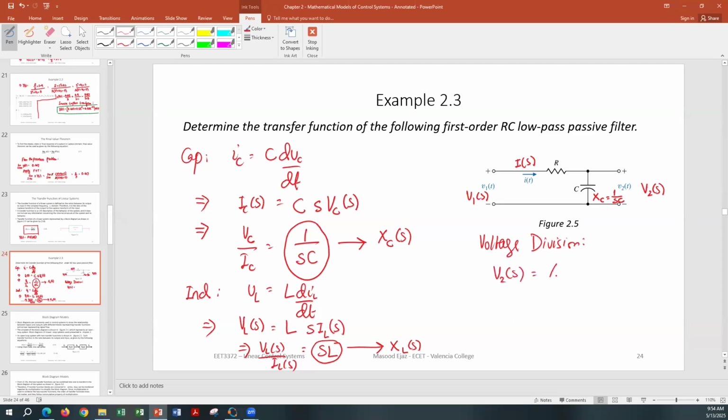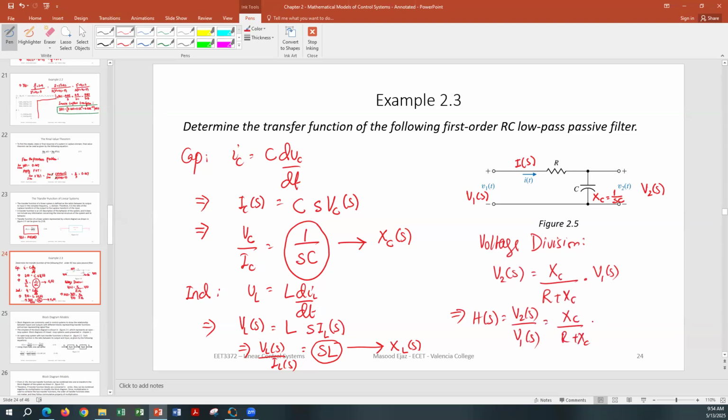V2S is equal to XC over R plus XC times V1. So the transfer function H of S is simply output over input, which will be XC over R plus XC.